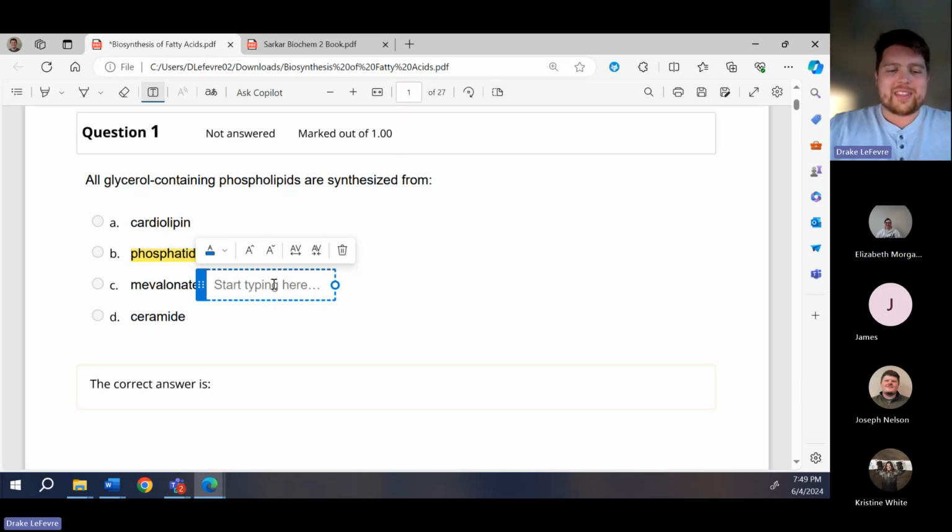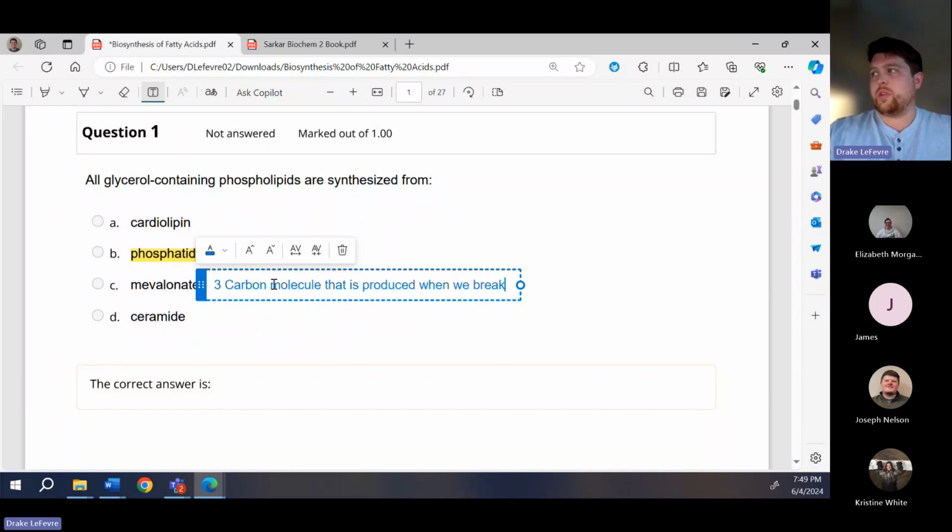Mevalonate, if you remember, is that 3-carbon molecule that's produced when we break up an odd chain fatty acid.